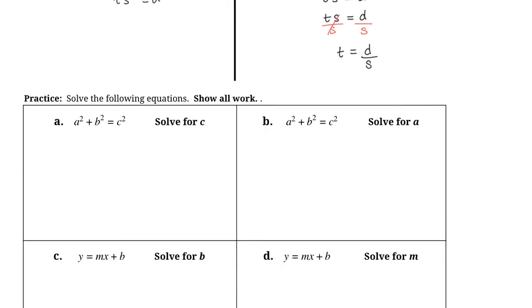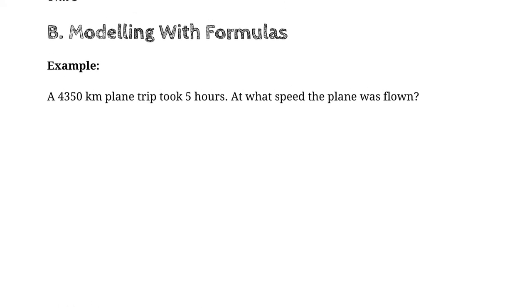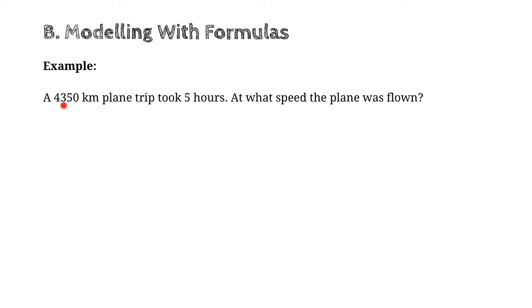And now let's do a question where we actually need to solve a problem using a formula. A 4,350 kilometer plane trip took 5 hours. At what speed was the plane flown? So we're being asked to find the speed. So we're going to use our speed formula. s is equal to d over t. Speed is equal to distance over time.